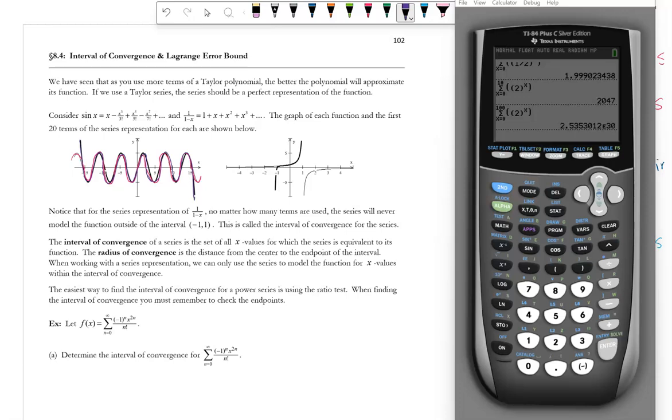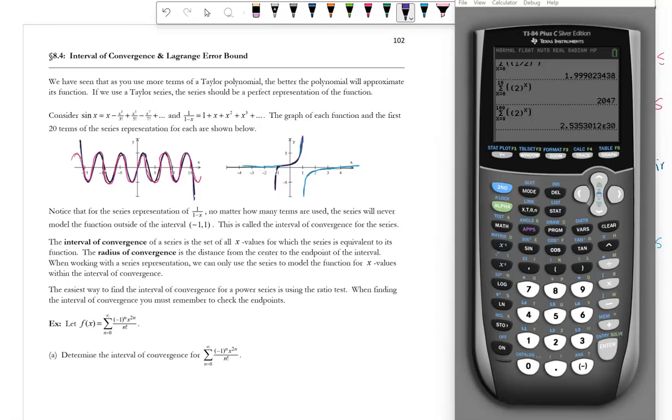However, if we look at the graph of 1 over 1 minus x, we know that a graph like that is going to have some interesting behavior in the middle. So this is our graph of 1 over 1 minus x. When we graph the first 20 terms of the series that represents 1 over 1 minus x, we get this graph in the middle.